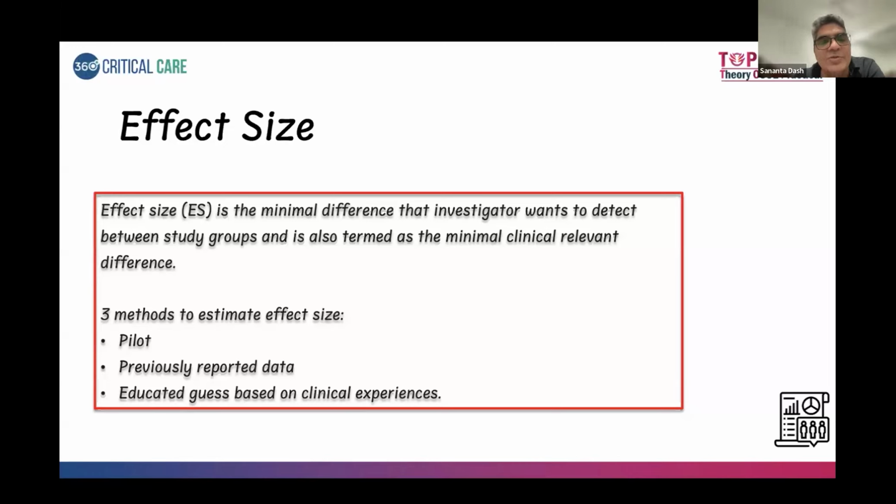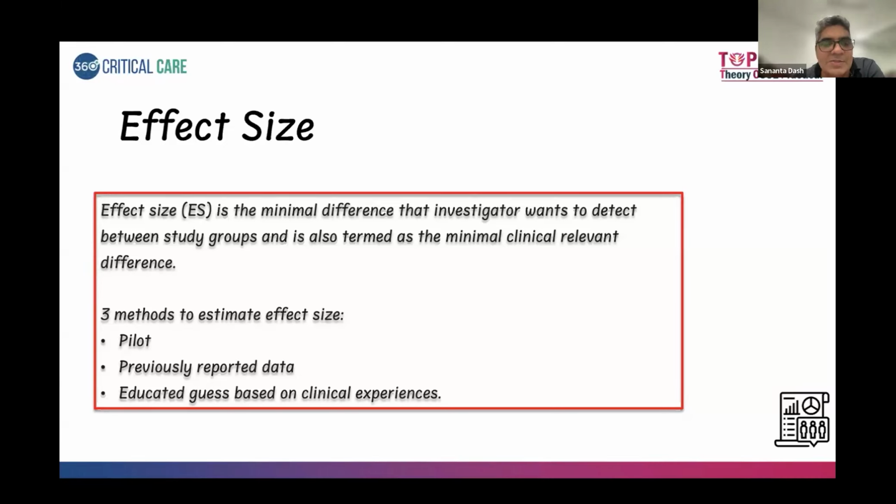For example, take any intervention in the ICU, suppose the use of a neuromuscular agent in ARDS. So you are planning to do a study, but how do you do it? First of all, you can do a study in your center only, a pilot trial with 30, 40 or 50 patients, to see what the effect is and what the mortality outcome is. Or you can look at another study from another continent or country or any other researcher to see what the effect size was, and based on that, you take a number.